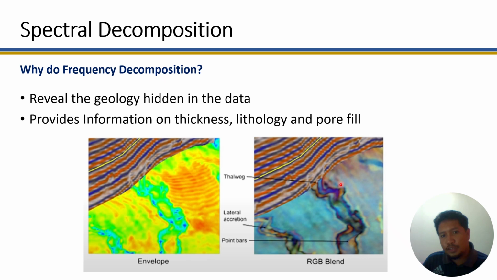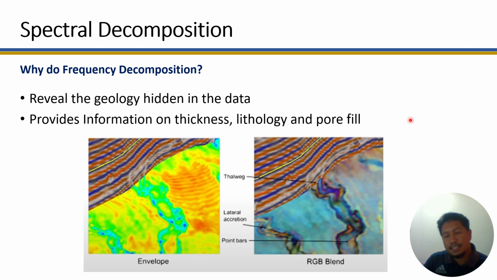However, if we run frequency decomposition on this and create an RGB blend of three of the frequency responses, the geology suddenly becomes a lot more apparent. Now we can see clearly we have two channels cutting across the horizons, and we can see the edges very clearly from this picture, and we can also start to see internal heterogeneity within the channel itself.